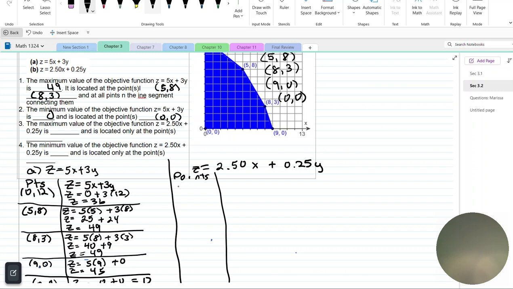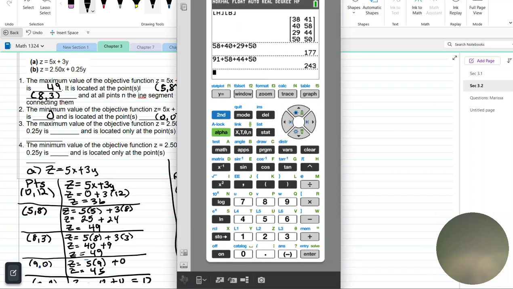Our first point is 0 and 12. So z equals 0 plus a quarter times 12. All right, I'm going to use my calculator here.